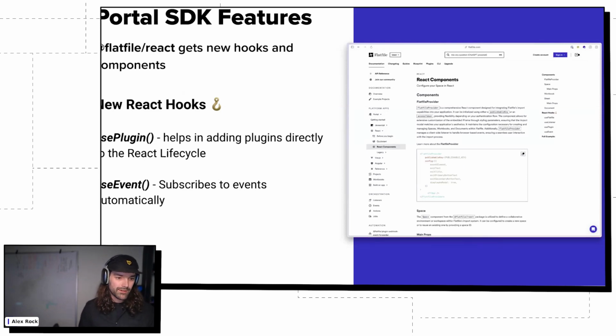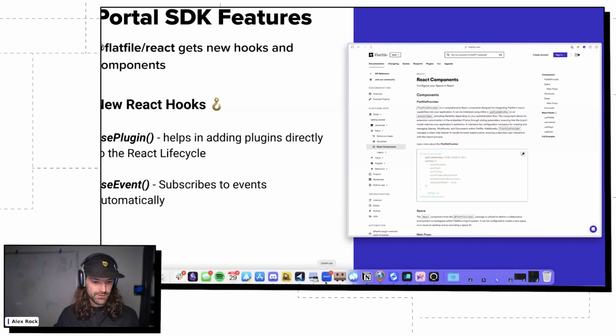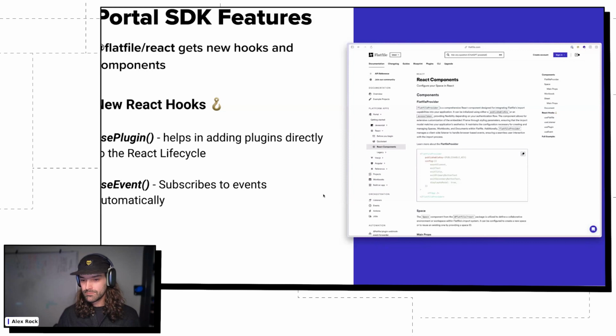So the React hooks I showed were use event and use plugin. And there's a bunch of new components to just help you configure everything. So those will be linked in the resources as well. And I think that's everything from me. Feel free to ask any questions.